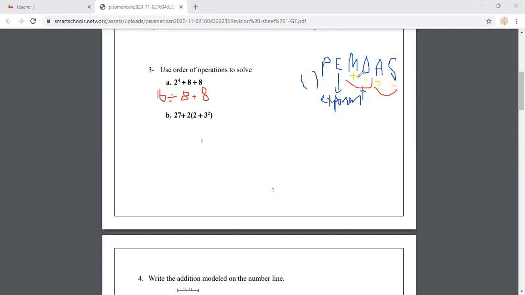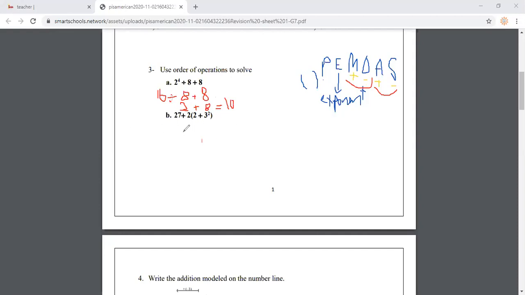Yes. Which is? 16 divided by 8. So we have to start with 16 divided by 8. It will be equal to 2 plus 8. So the answer by the end will be 10. Right?